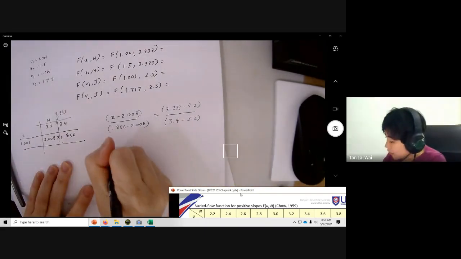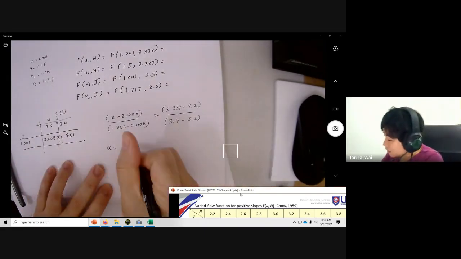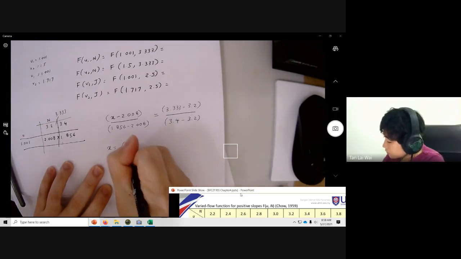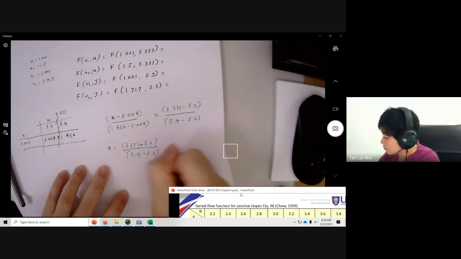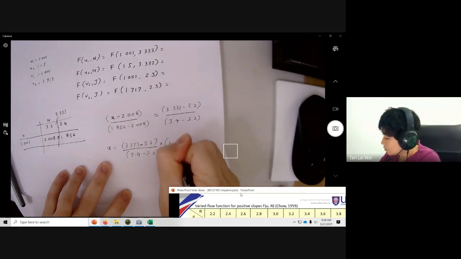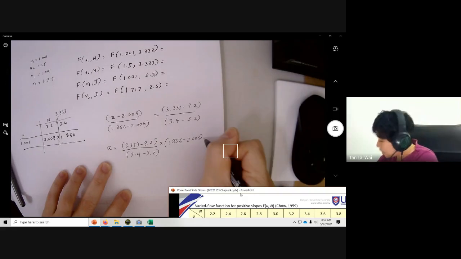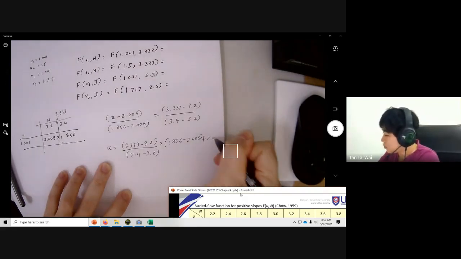So therefore your x is actually this plus 2.008.